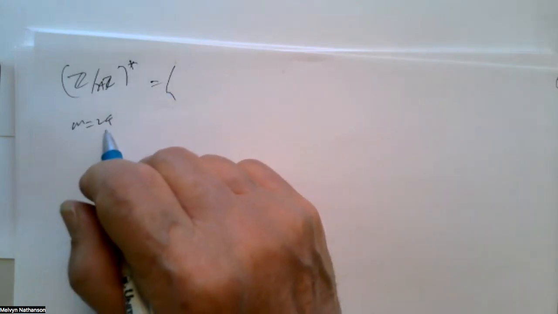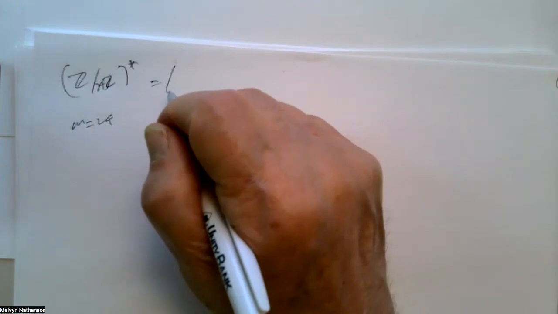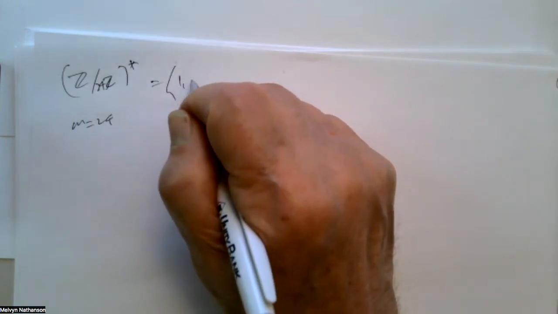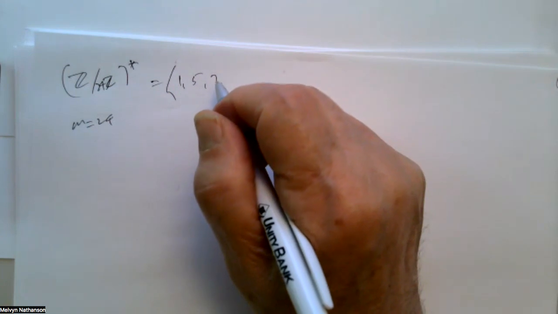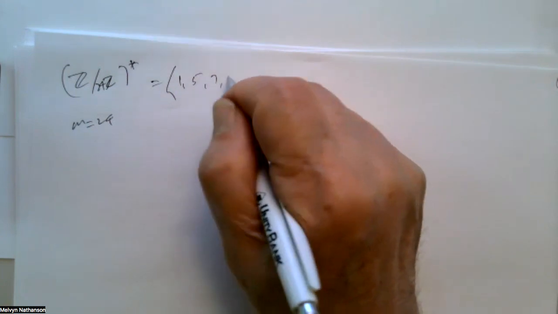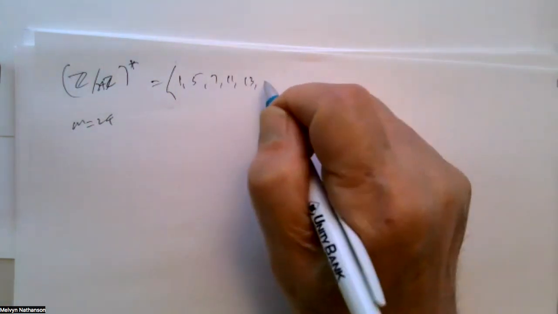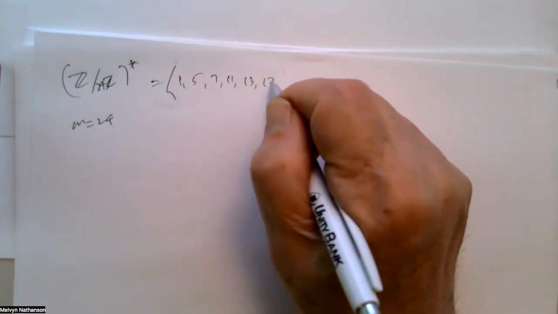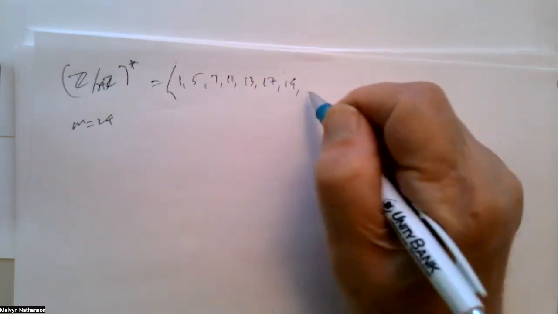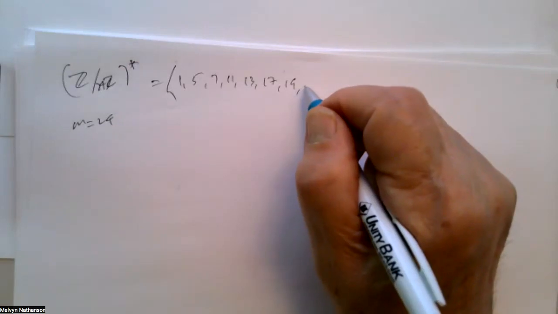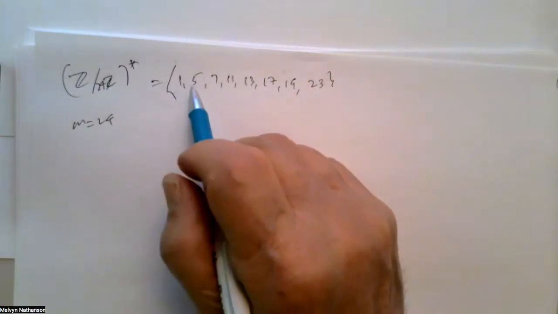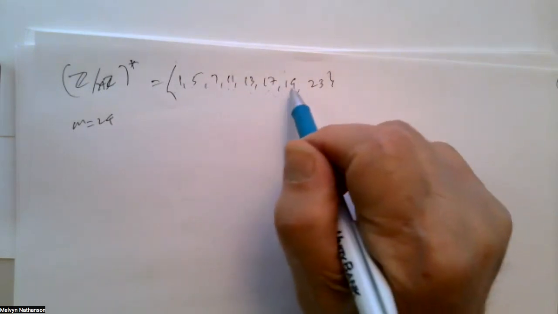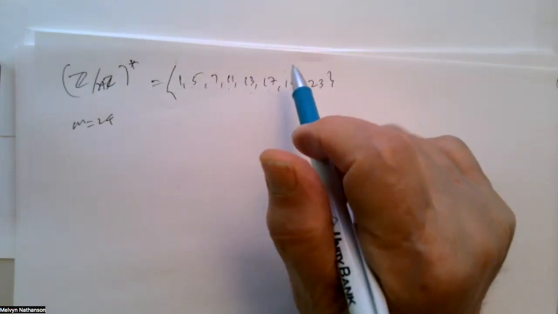So what are the numbers between 0 and 23 that are relatively prime to 24? 1, 5, 7, 11, 13, 17, 19, 23. 1, 2, 3, 4, 5, 6, 7, 8. There are 8 of them.